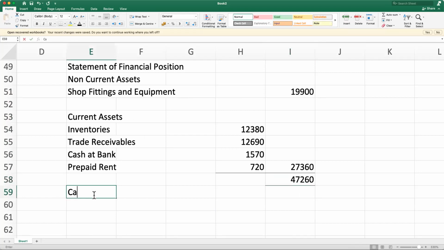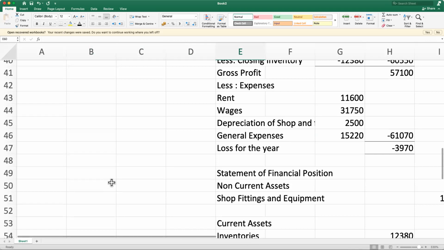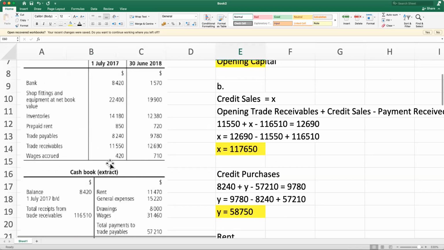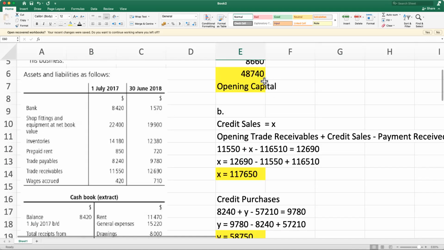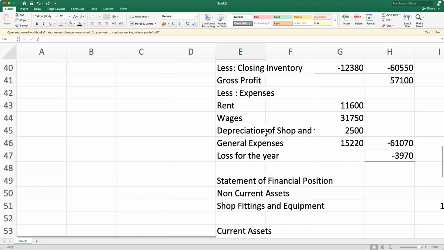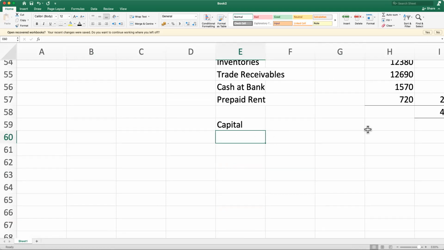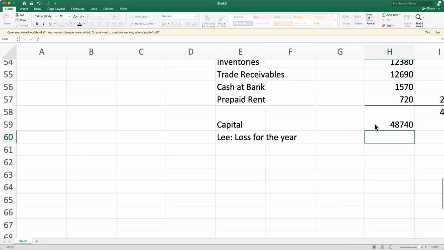I'm just gonna find my capital here. So my capital will be, I have my opening figure. The opening figure will be 48,740. So we need to reduce our loss. If it's a profit, then we just add them in. Since it's a loss, we have to minus it out.